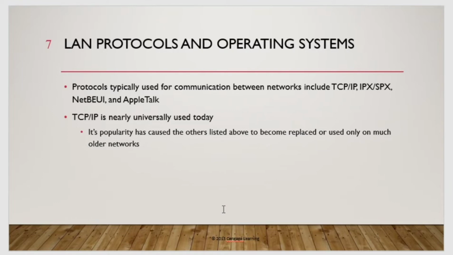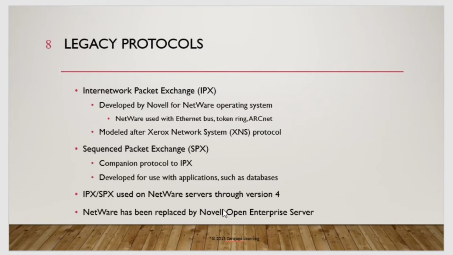Protocols typically used for communication between networks include TCP/IP, IPX/SPX, NetBIOS, and AppleTalk. TCP/IP is nearly universally used today. Its popularity has caused the others listed above to become replaced or used only on much older networks.